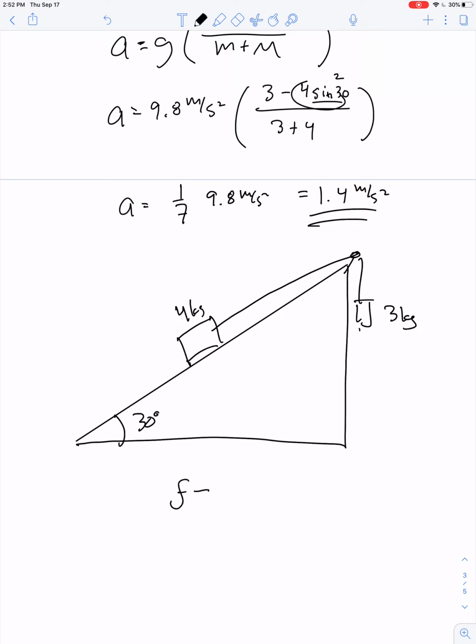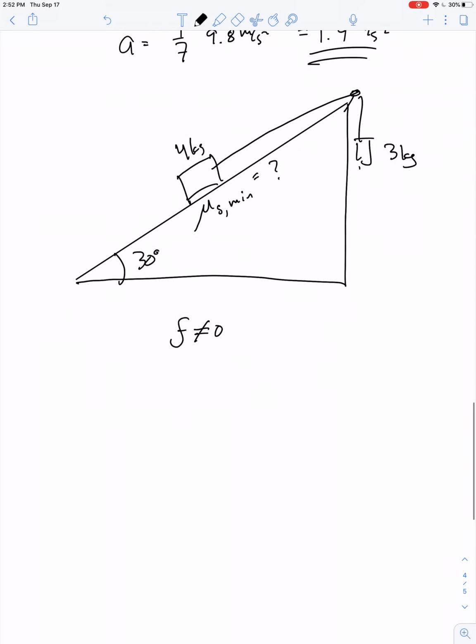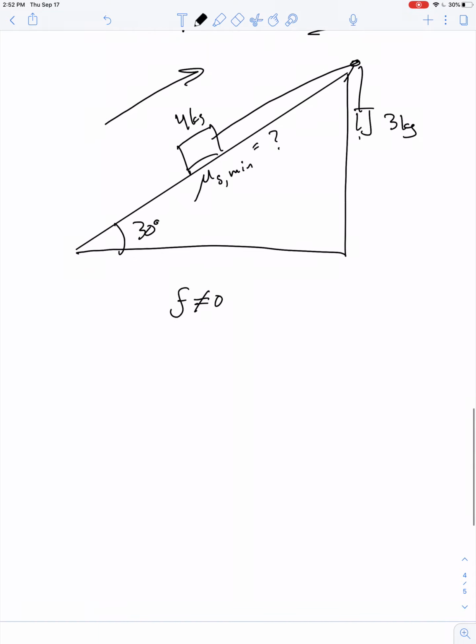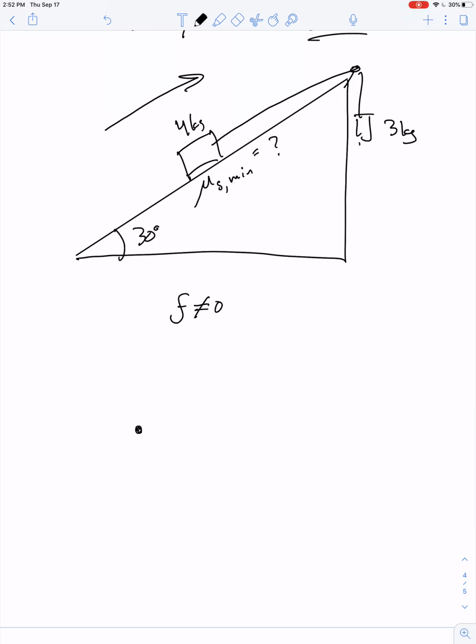The force of friction is not equal to 0. In fact, what minimum coefficient of friction would be necessary to keep the system at rest? So now that we know the tendency without friction for this system is to go up the incline, then we know any force of friction is going to point the other direction in an attempt to hold it at rest. So that informs our free body diagram.